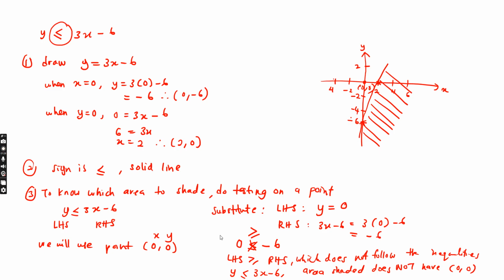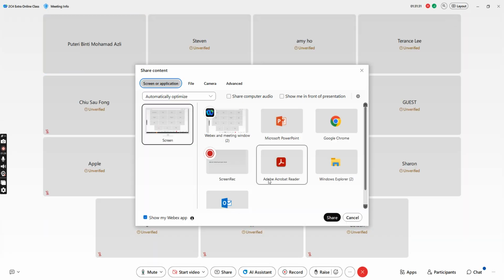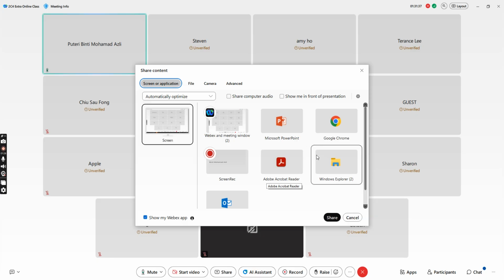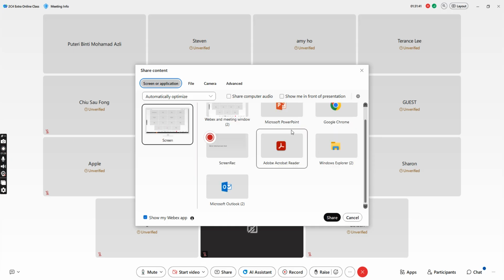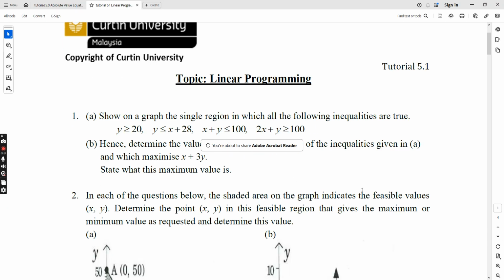Okay, the next one, I actually want to show you and solve one of the questions in the tutorial. Here we are, for linear programming.